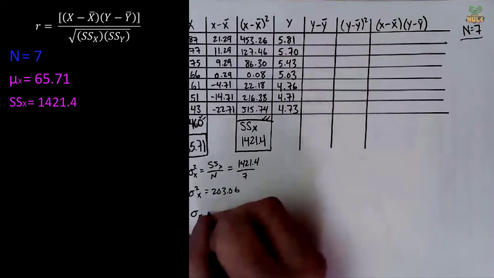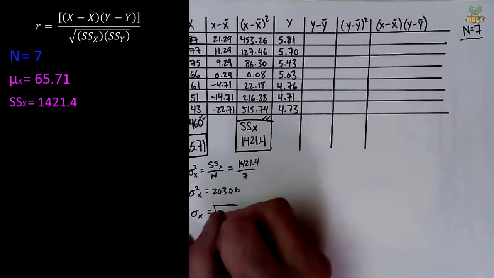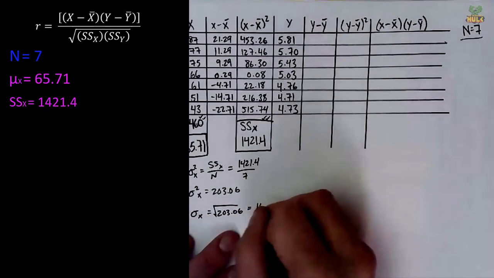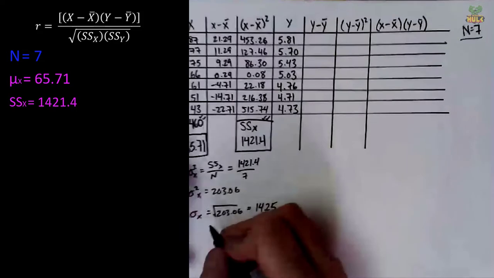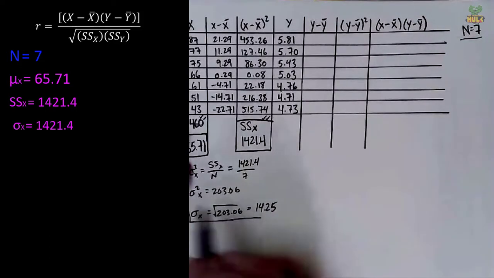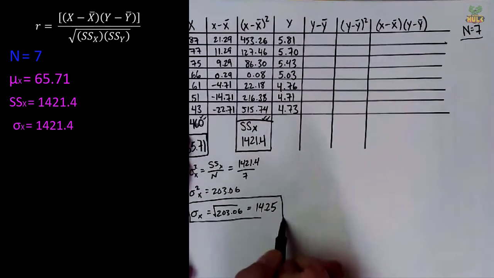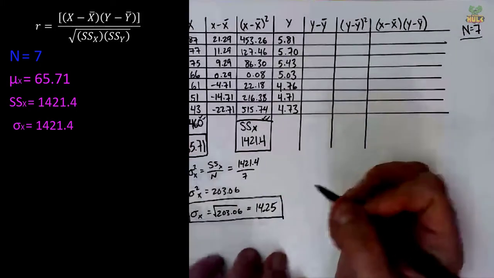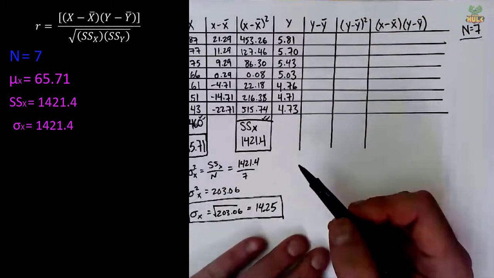Standard deviation of x is equal to the square root of 203.06, which is equal to 14.25. So, again, important number. I'm going to block it off to the side there. Right, 14.25.